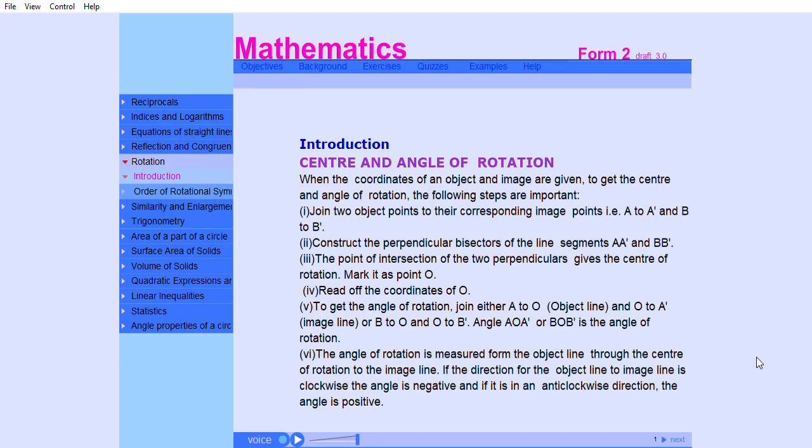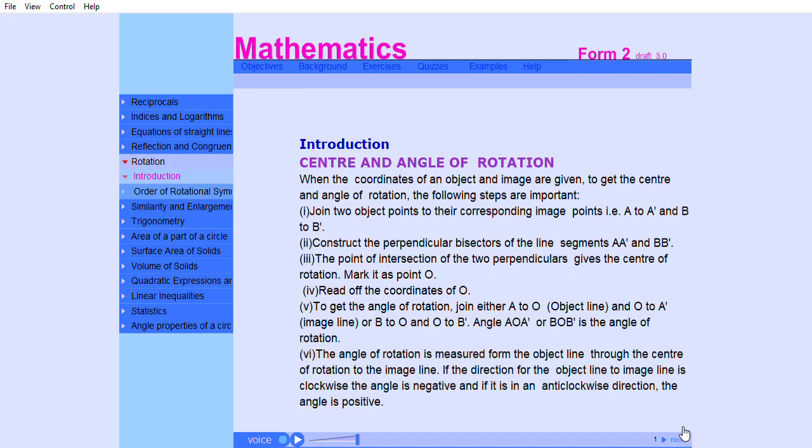To get the angle of rotation, join either A to O, the object line, and O to A1, the image line, or B to O and O to B1. Angle AOA1 or BOB1 is the angle of rotation.